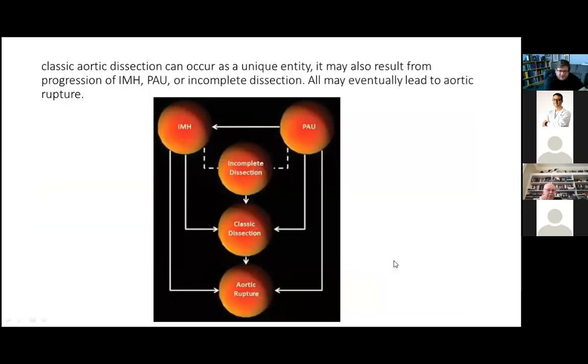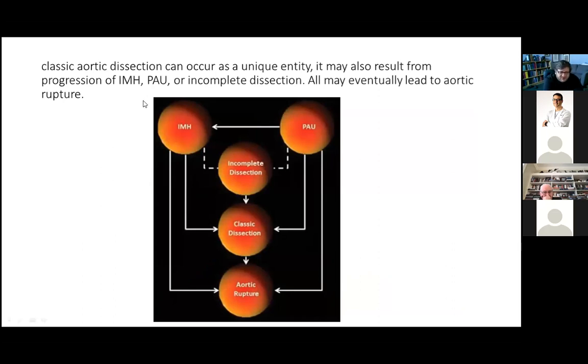One can go back and forth through these clinical entities at various time points in their presentation. Sometimes when you have IMH, the aorta looks like it actually is an ulcer that probably caused this, and you can't appreciate it on imaging.